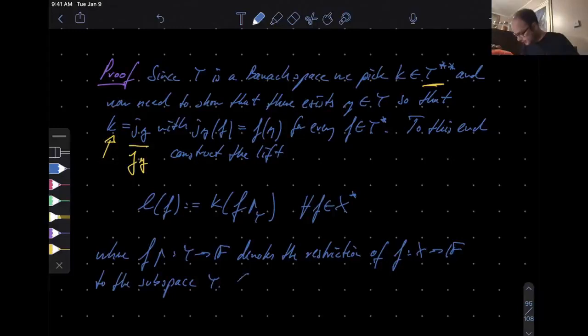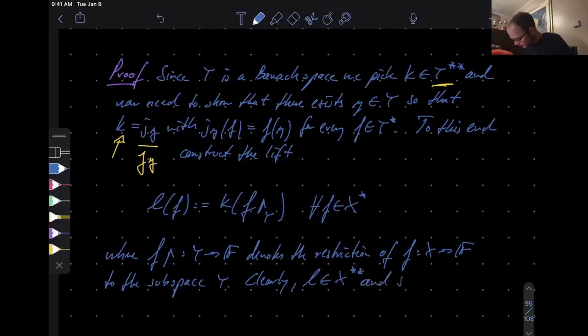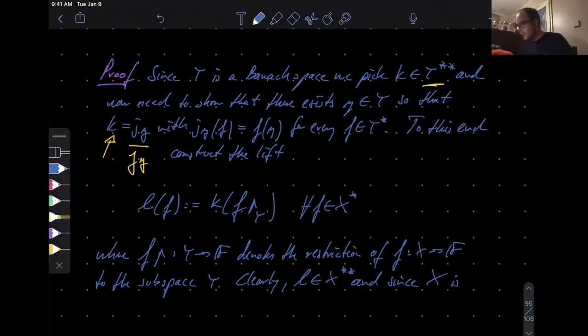All right, then a few things to be checked, but these are easy. Clearly, L is an element in the bidual, so it's a bounded linear transformation that acts on linear functionals on X. This is because of the property of k, right? Good. And since X is reflexive, you know precisely how this element L looks like, right?